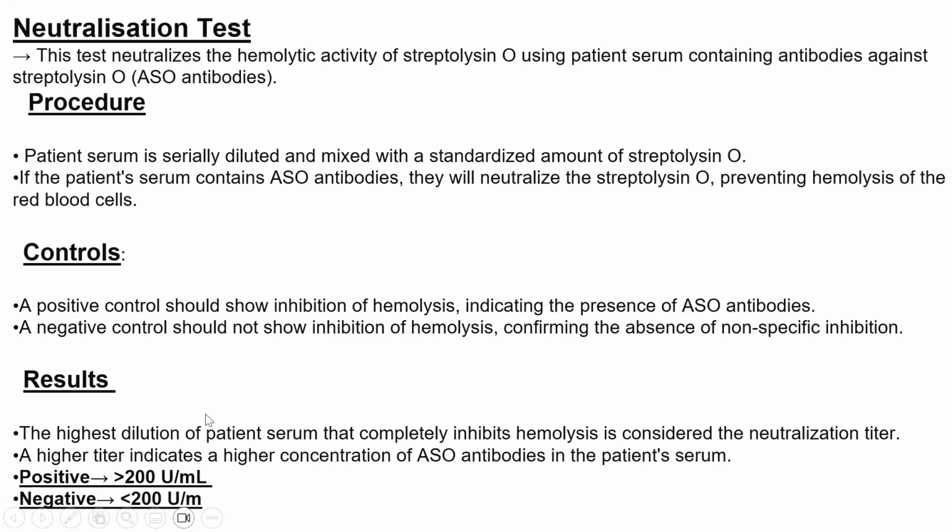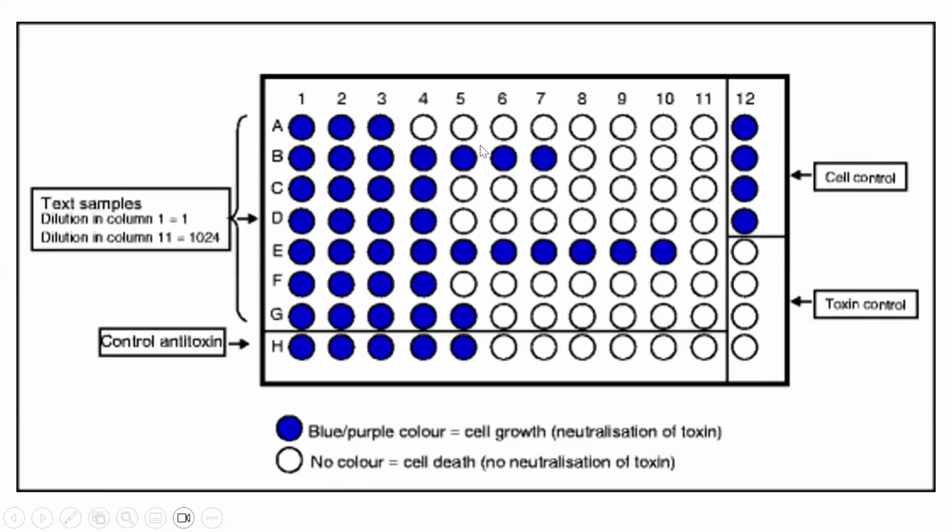Okay, so we keep diluting, and dilution in chemistry is titration, so we call this a titer. If a positive result, that means that you have more than 200 titers, and a negative result if you have less than 200. Okay, so again, let's see. These are the controls based on the concentration.